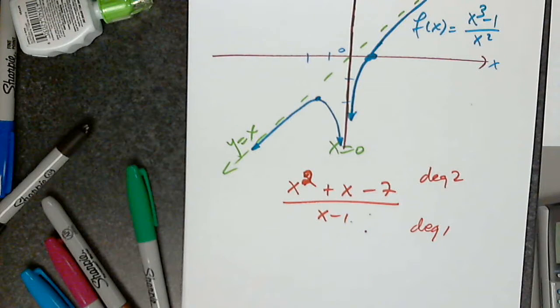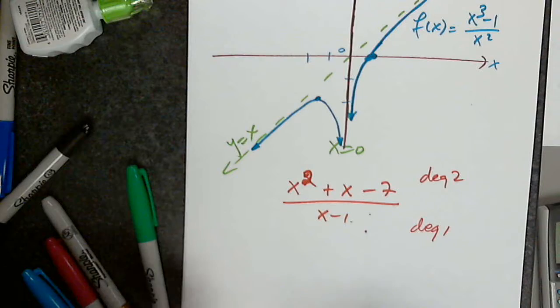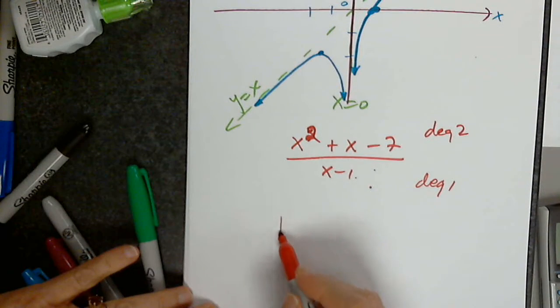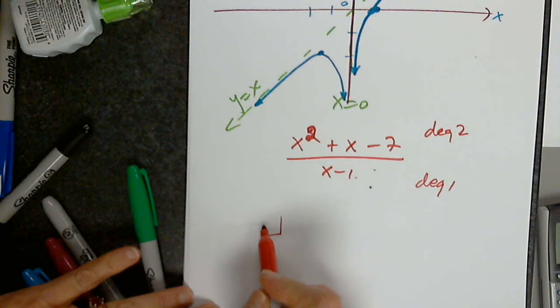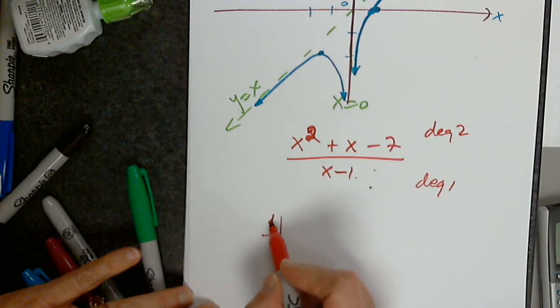Since the top is 1 unit higher than the degree of the bottom, this will have a slant asymptote. So now I can use synthetic division. I put in the box a. If I have positive 1, I put negative 1. But since I have minus 1, I will put only 1.